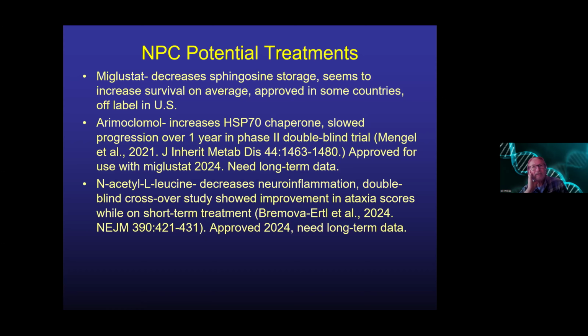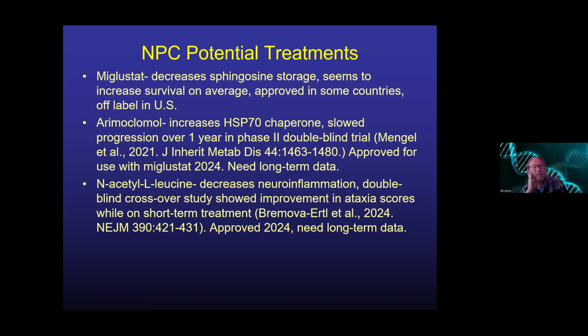And the FDA originally rejected it. They went begging, and the patient advocacy groups went back with the company to the FDA, and it's better than nothing, so it's providing some benefit.